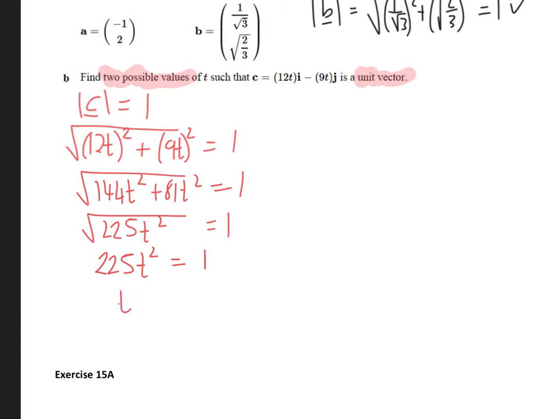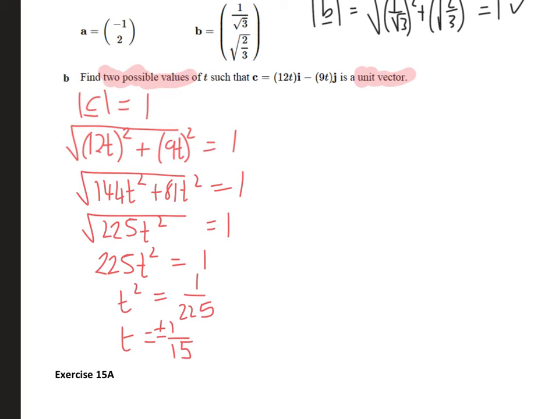I can divide both sides by 225, so t squared is 1 over 225. And then I can square root both sides, and when I square root 1 I get 1, when I square root 225 I get 15, and since it's t squared, I can have a plus or minus in my answer. So 2 answers for t, 1 over 15 and negative 1 over 15.